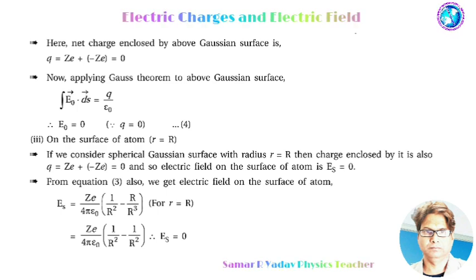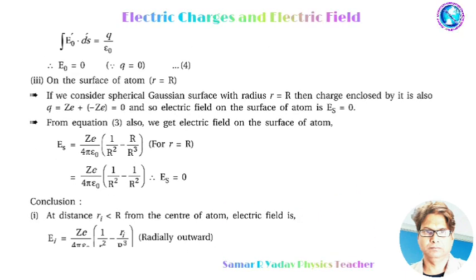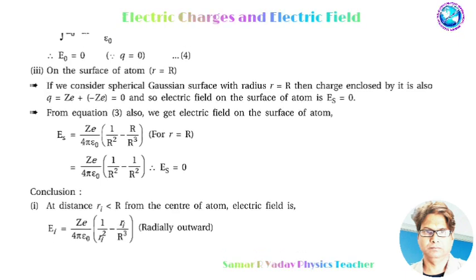From equation 3 also we get the electric field on the surface of the atom. Es is equal to capital Ze upon 4 pi epsilon 0 in bracket 1 upon r square minus capital R upon r cube. For r is equal to capital R, it is Ze upon 4 pi epsilon 0 in bracket 1 upon r square minus 1 upon r square. Therefore, Es is equal to 0.